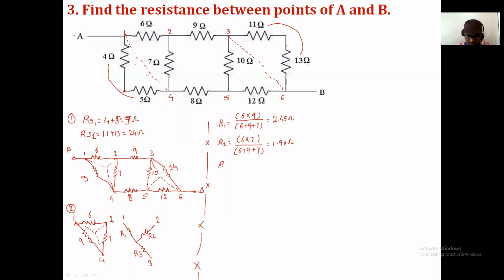And then R3, which is connected to point 3, is it right? Here it's 0.4, which is connected to terminal 4. Here, the product of the two resistances, 9 multiplied by 7 divided by 6 plus 9 plus 7, which is equal to 2.8.